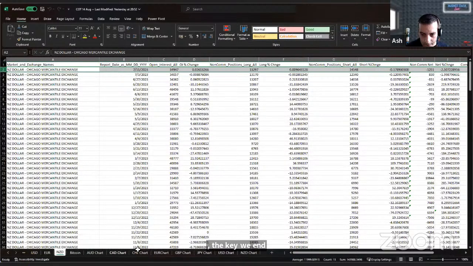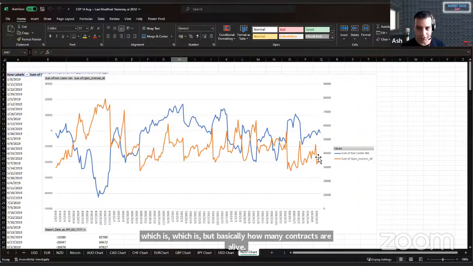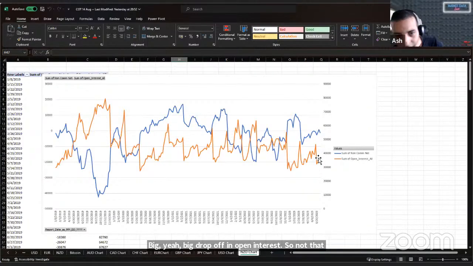It's a bit easier to see. Here's the Kiwi. Now, what we have is the open interest, which is basically how many contracts are alive. Big drop off in open interest, so not that much confidence in taking positions in the Kiwi right now. And the net positions are just starting to dip to the downside.